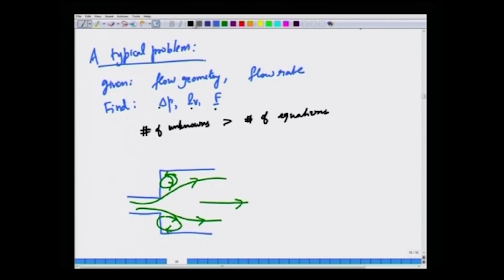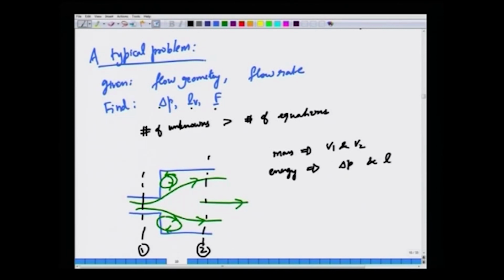Now, if you construct a CV like this at point 1 and at point 2, the mass balance will simply relate V1 and V2. The energy equation has two unknowns, delta P and viscous loss.